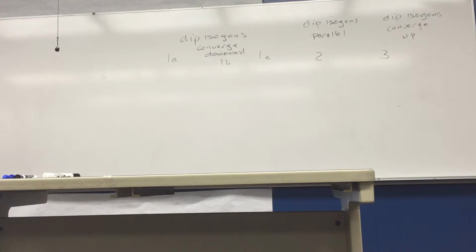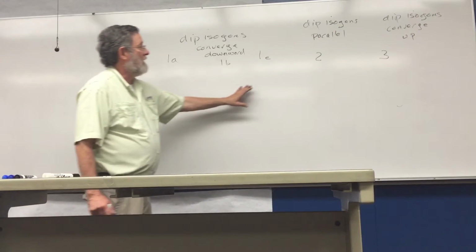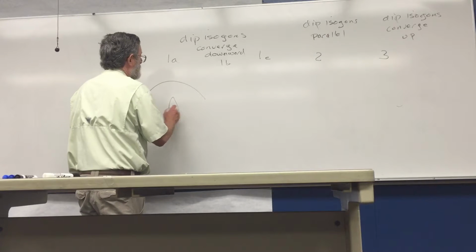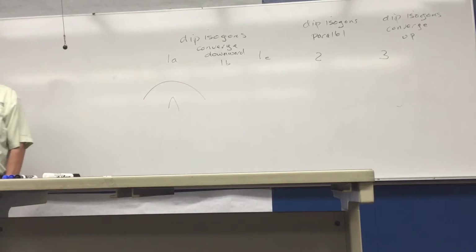And so in looking at these geometries, he found a rather intriguing combination. He found some folds that look like that. That's kind of a, wow, how did that happen fold?